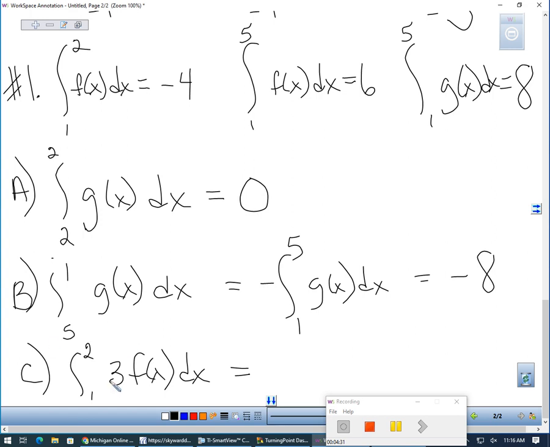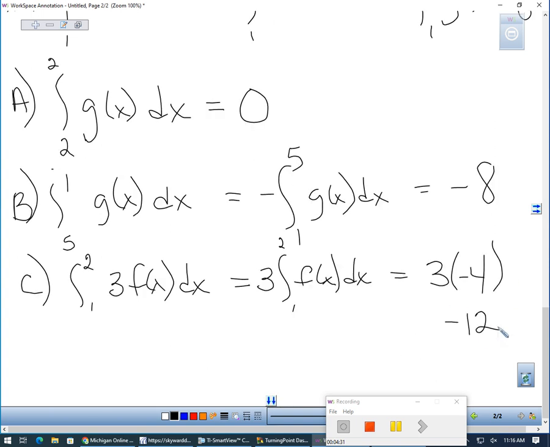The 3 is going to go to the outside of the integral from 1 to 2 of f of x dx. So now we're just multiplying 3 times what this integral from 1 to 2 of f of x dx equals. So this whole thing equals negative 12, I agree. So these are pretty simple, right? It's just a matter of looking at those different rules and working through them. And you guys have like 20 minutes to do it all in.